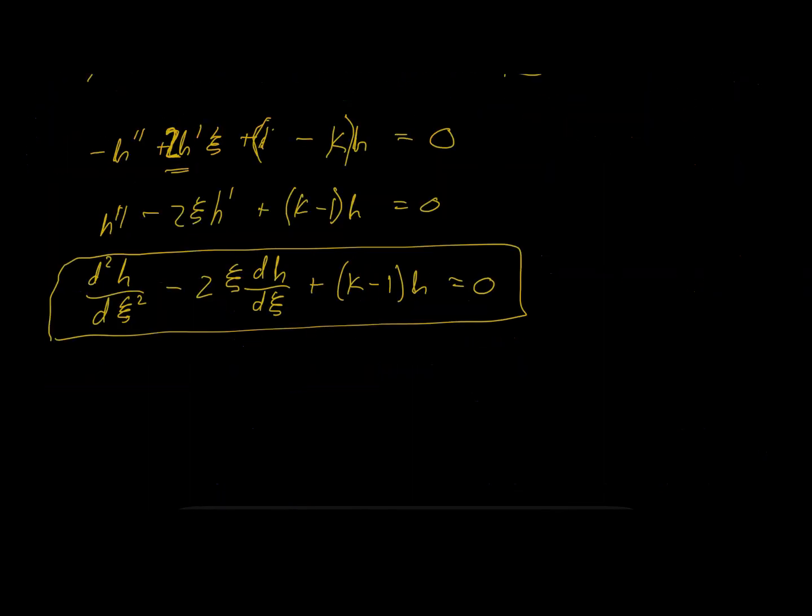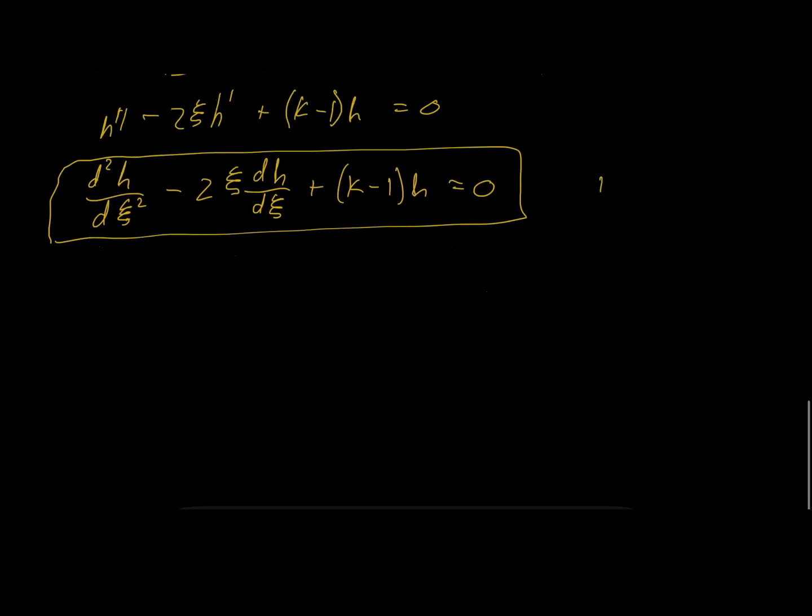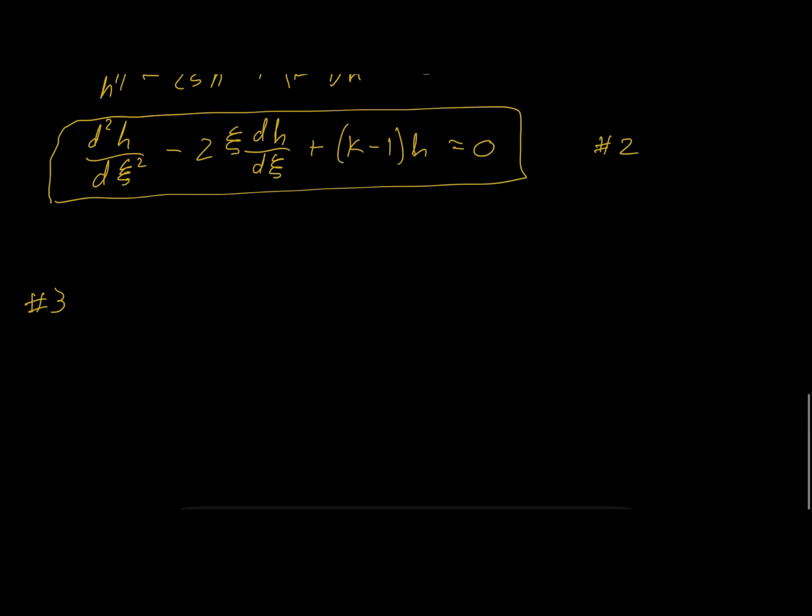Moving on, it's going to say show how equation 3 leads to equation 2, so we'll just go ahead and do that. So this is going to be equation number 2, and then equation number 3 is d/dc, and this is our SL form, the Sturm-Liouville form of the equation. It's the same thing, so we're just going to show how it is.